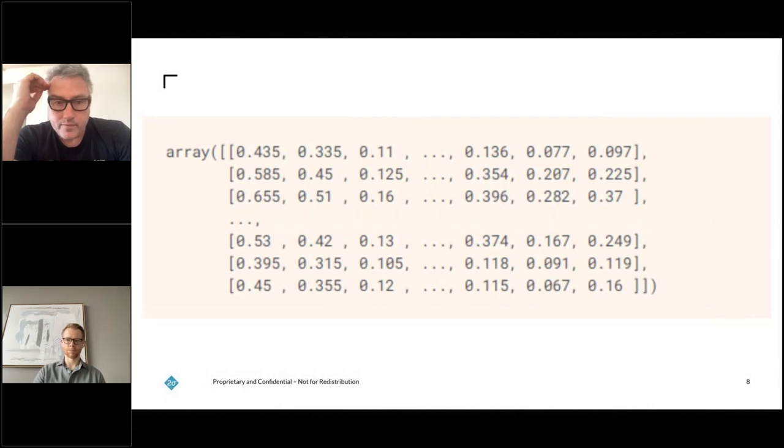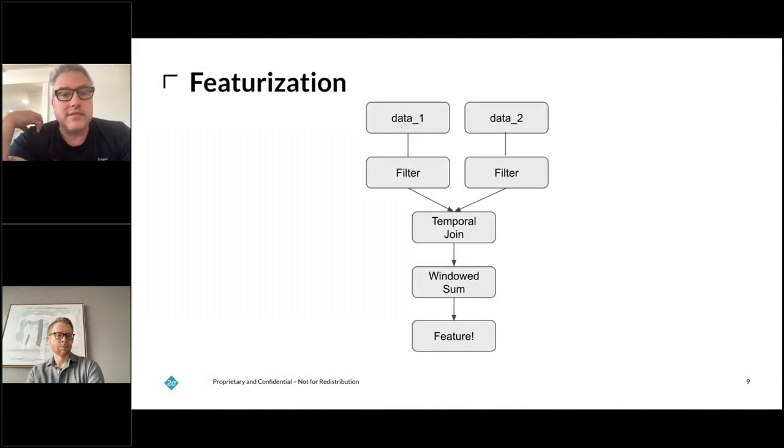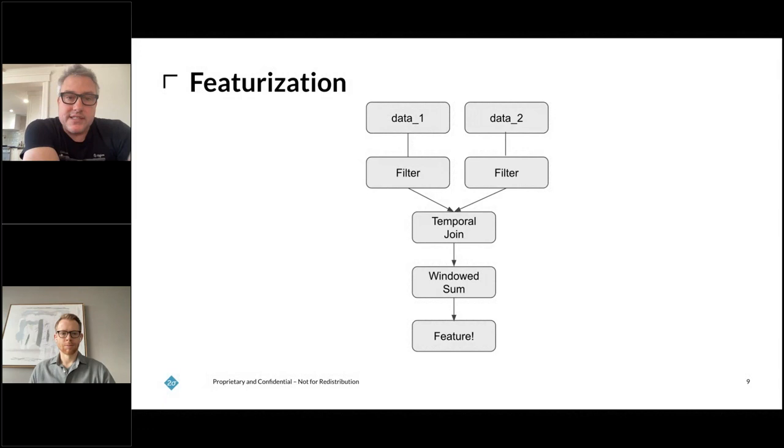Next slide. It's typical to represent featurization as a series of steps or nodes in a directed acyclic graph. So you have some raw data, maybe 1 or 2 or 100 sources coming in. You do some operations on that data.